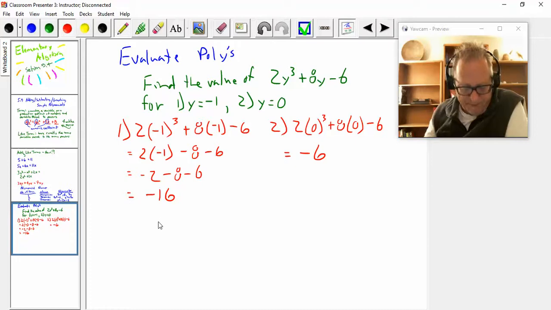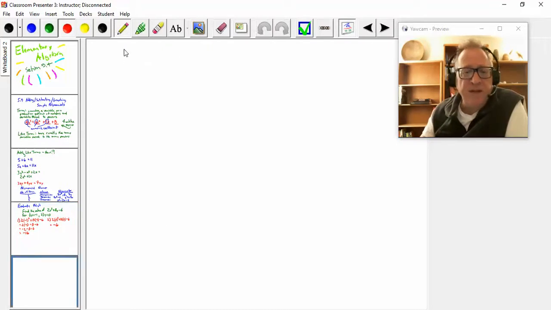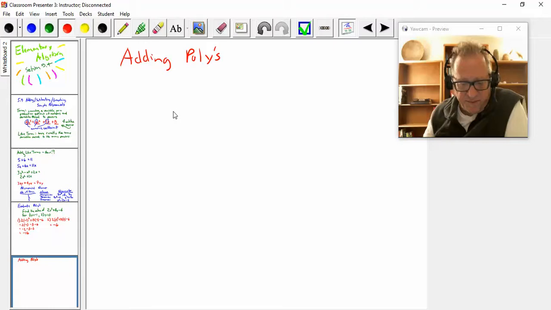All right. Let's move on and let's try adding polys, adding polynomials. What can I say we do? Let's just jump in and do one. I want to add 4y cubed.